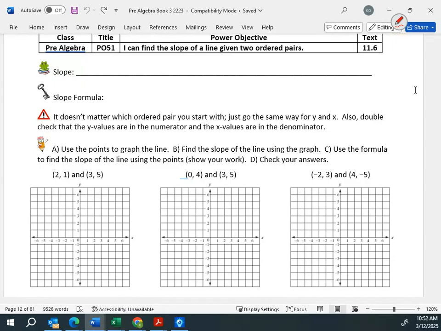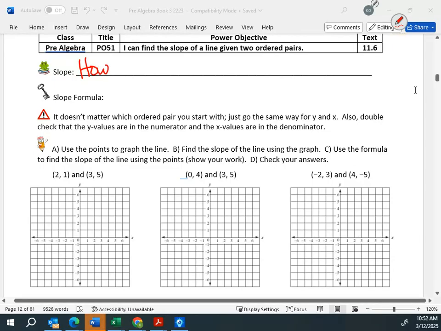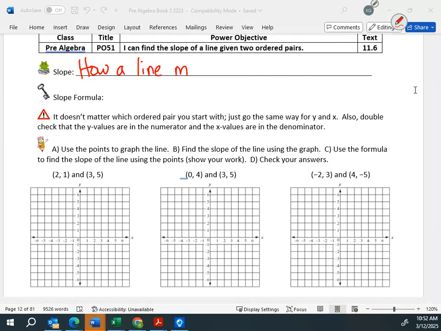Yeah, the slope is how a line moves across the coordinate plane. Now we need to find a slope formula.